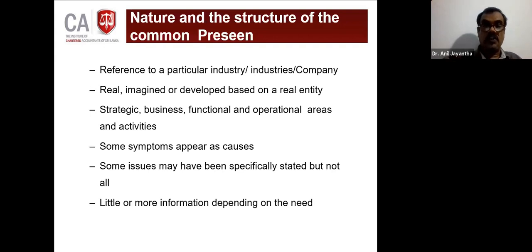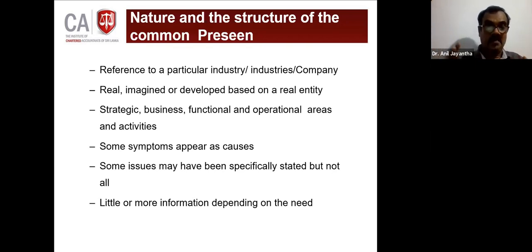So diversification matters to minimize the risk. As a result, they cross among industries and engage in business activities and do lots of things. So that is the nature of this case.